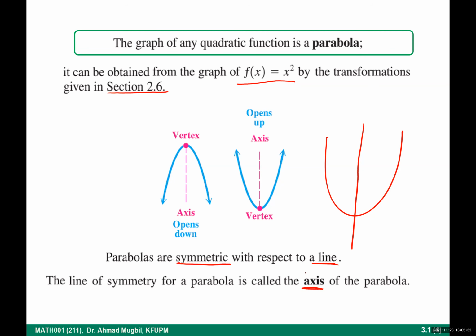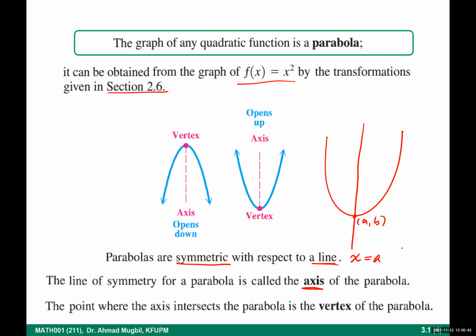It will be a vertical line in our case. Its equation will always be x equals whatever you have here. If you have a and b, it will be x equals a, for instance. The intersection point between the parabola and the axis of symmetry is called the vertex. It is like the head of the parabola.